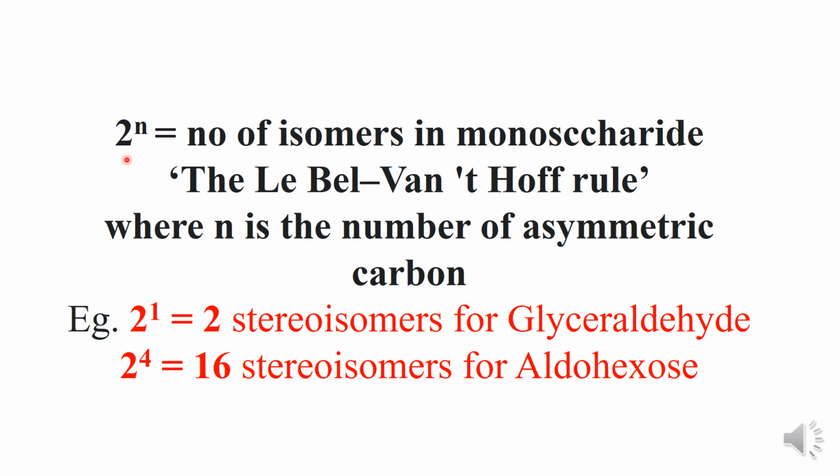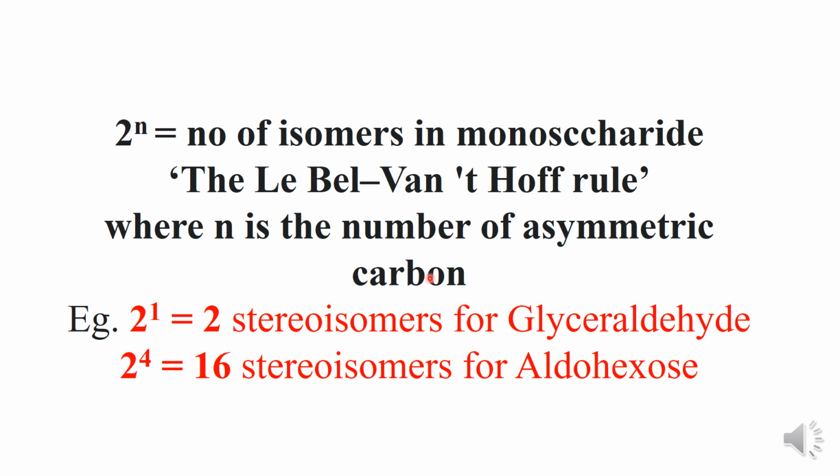The number of isomers in a sugar molecule is equal to 2 raised to the power n. So the total number of isomers possible in monosaccharides can be found by this formula. This is known as the Le Bel-van't Hoff rule, where n is the number of asymmetric carbon atoms.